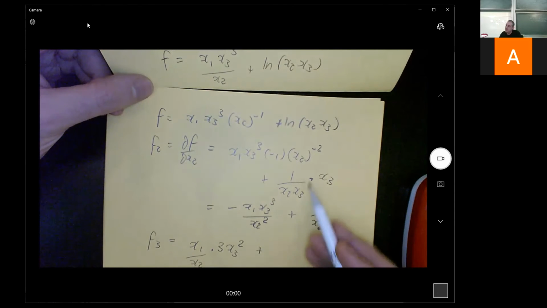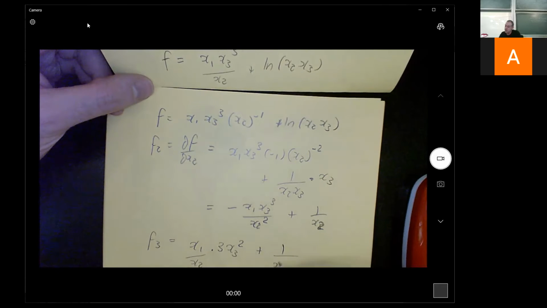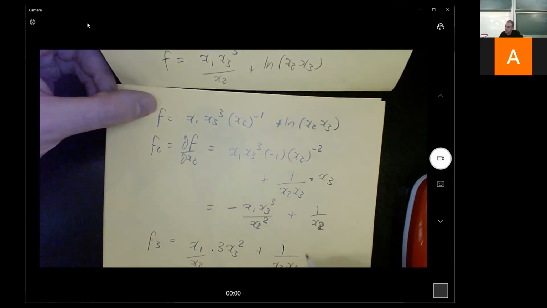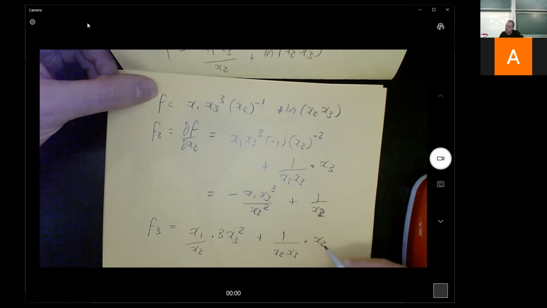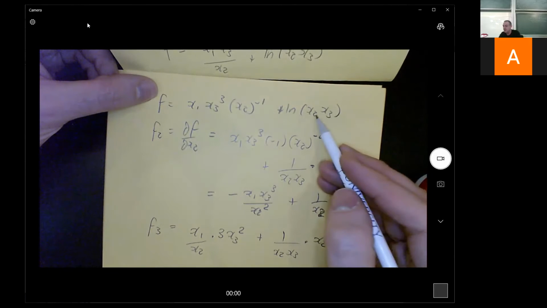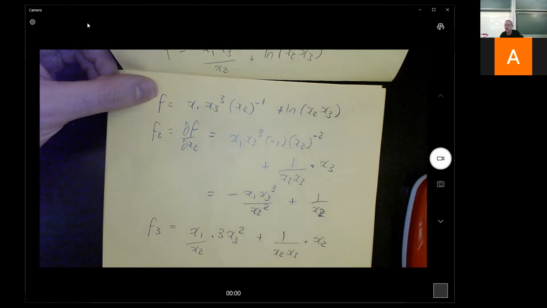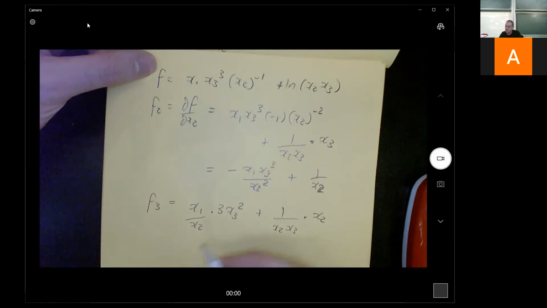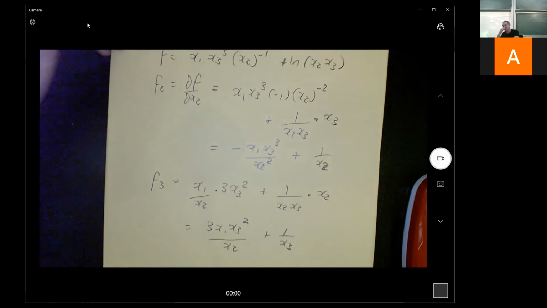And then I'll get the exact same thing going on here that happened here. It'll be 1 over that thing. But because of the chain rule, I have to multiply by the derivative of that with the x2 being a constant this time, so I'll get the x2. Right, so those are all the first partial derivatives.